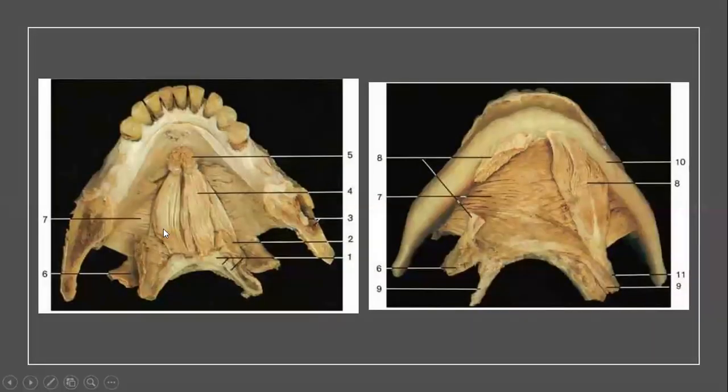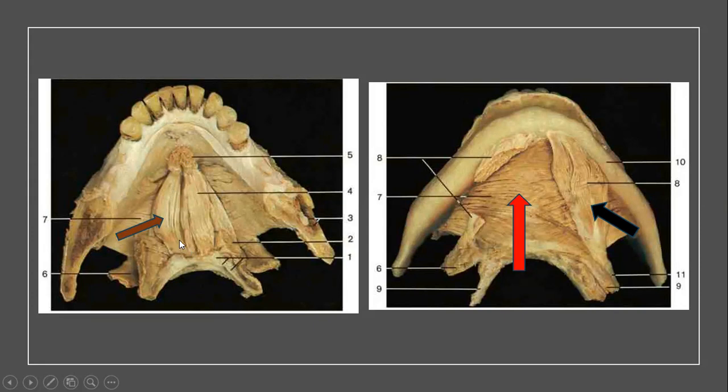Next, let us have an overview of those four muscular planes. The first one will be the anterior belly of the digastric, which will form the first muscular plane together with the stylohyoid, so digastric and stylohyoid. The second muscular plane will be formed by your mylohyoid. For the third muscular plane, you'll have that muscle coming from the genial tubercle of the mandible to the hyoid bone.